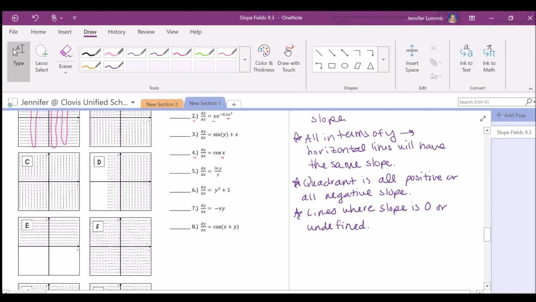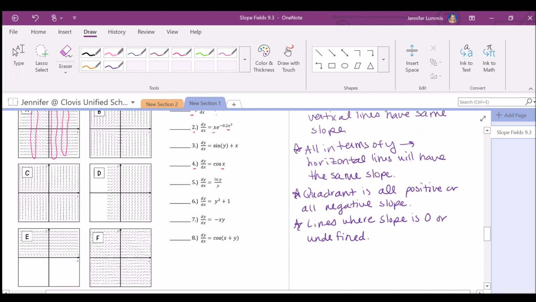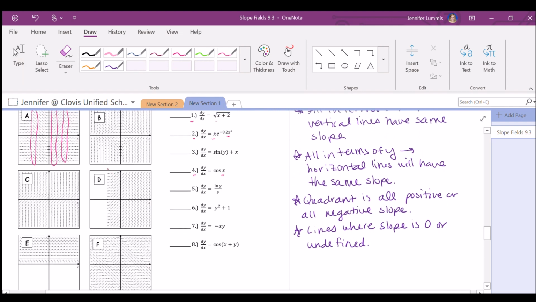Okay. Let's take a look down here at H. H does that. Right, so you can see some 0 slopes right there. Okay, and I can see that also with graph D. Interesting thing about the graph for part D is that it doesn't have any slopes over here at all.